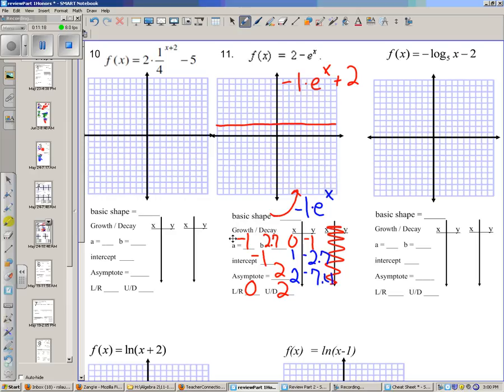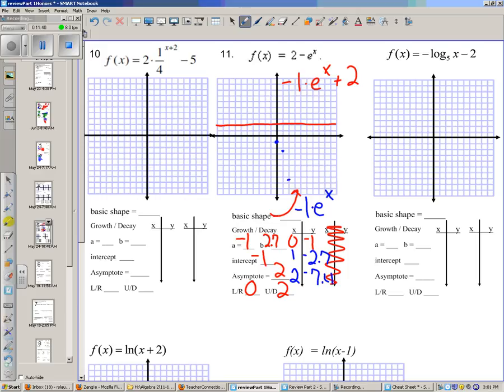So actually looking at my answer key, I put negative 5.4. I put the wrong number. Same shape though. All right, so here is 0, negative 1. Here is 1, negative 2.7. And then 2 with negative 7.4, about negative 7.5.